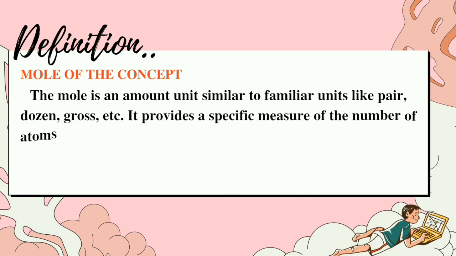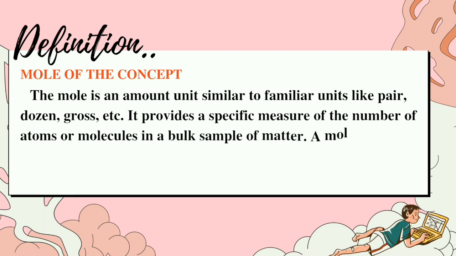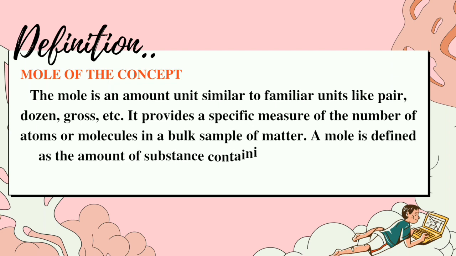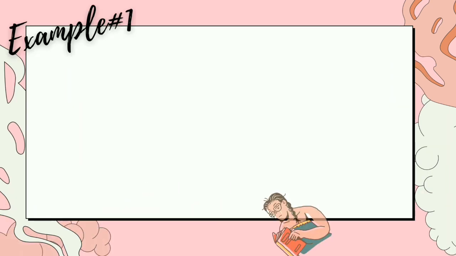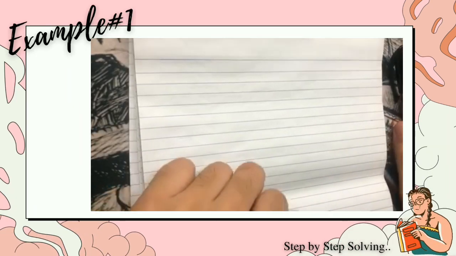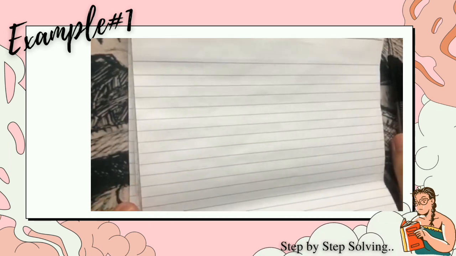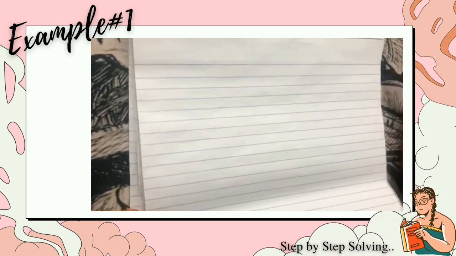A mole is defined as the amount of substance containing the same number of discrete entities like atoms, molecules, ions, etc.